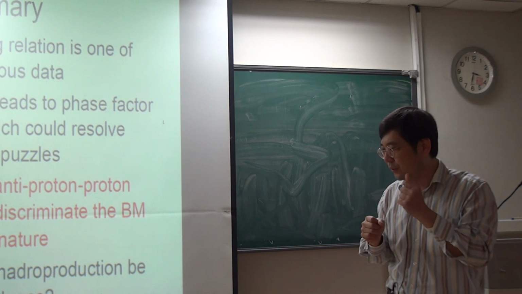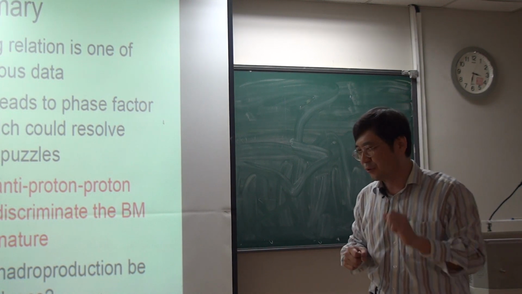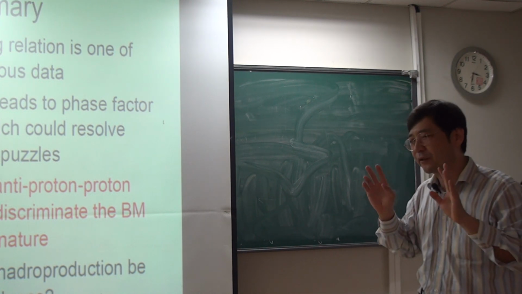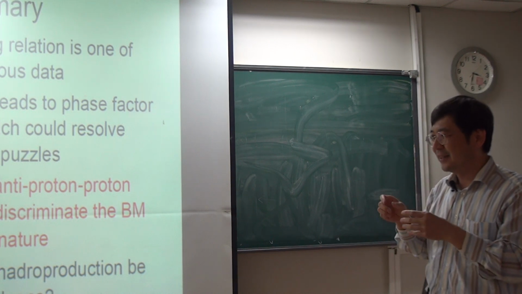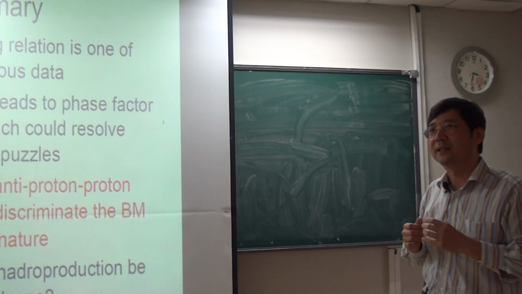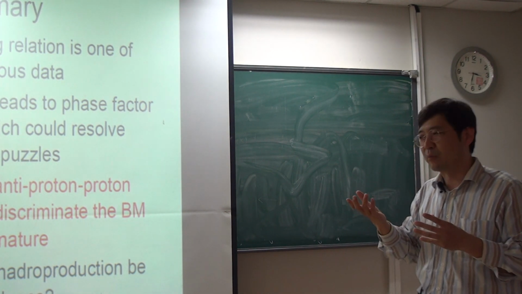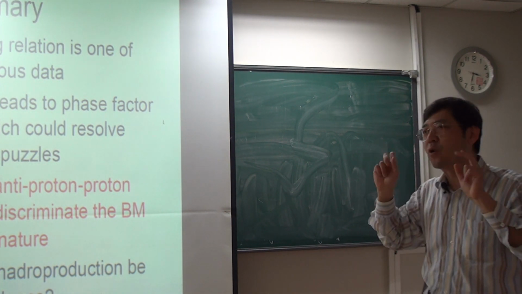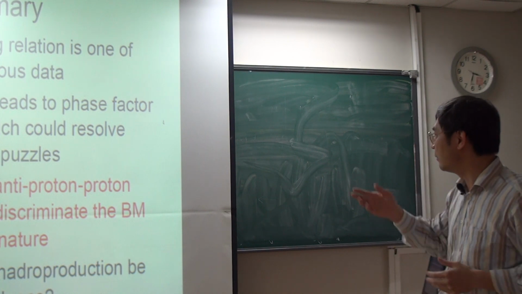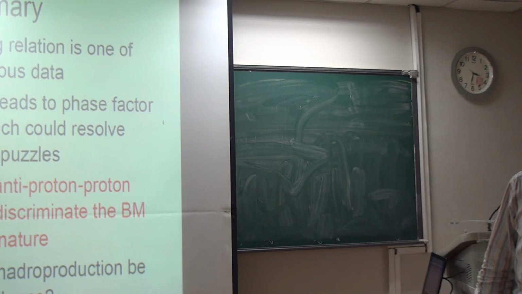If you insist on the most stringent definition, I agree, KT factorization fails. But if we relax this constraint and allow more non-perturbative inputs, can we say we restore the KT factorization? If you agree, then yeah.